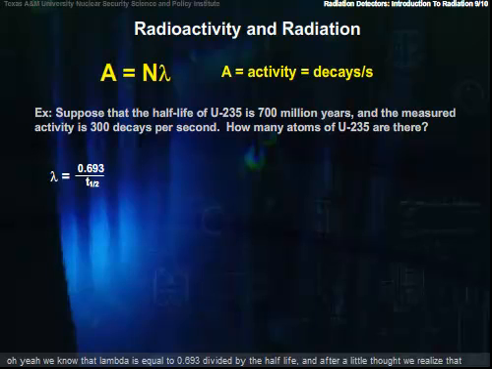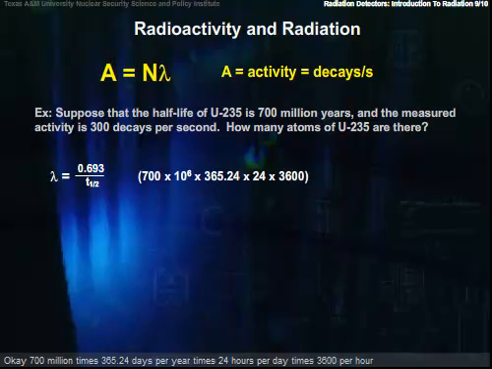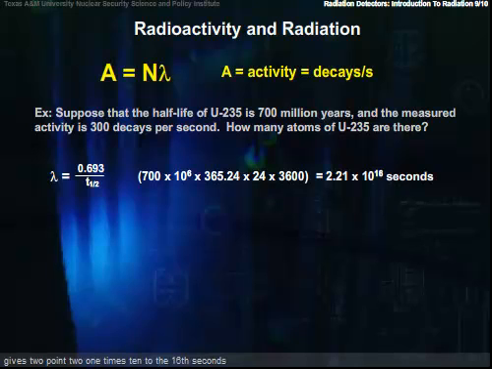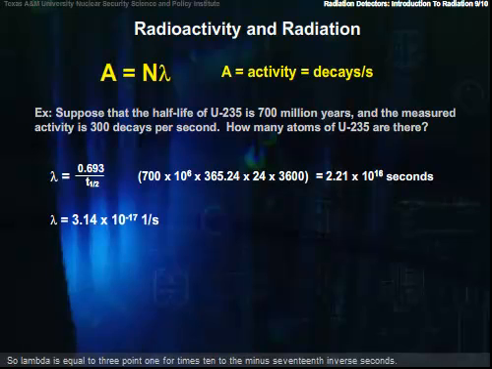And after a little thought, we realize that we want the units to be in inverse seconds, not inverse years. Okay, 700 million times 365.24 days per year times 24 hours a day times 3600 seconds per hour gives 2.21 times 10 to the 16th seconds. So lambda is equal to 3.14 times 10 to the minus 17th inverse seconds.